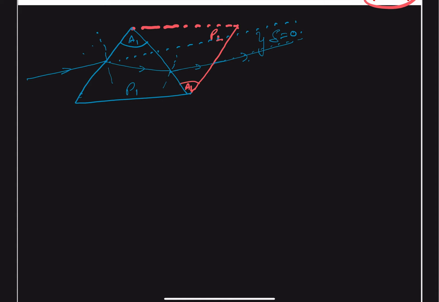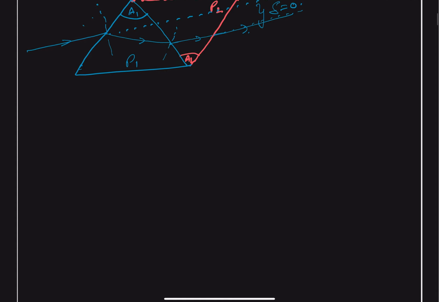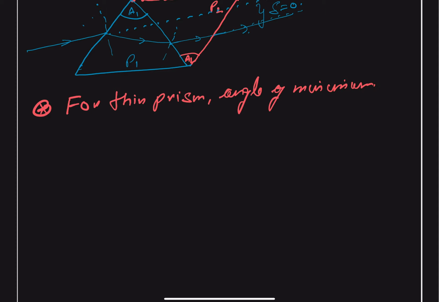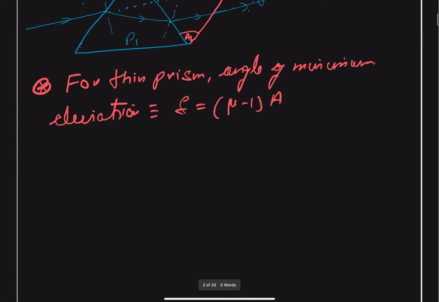We know the relationship that for a thin prism, the angle of minimum deviation, that is our delta, is given as mu minus 1 times A. Mu is the refractive index and A is the angle of the prism.